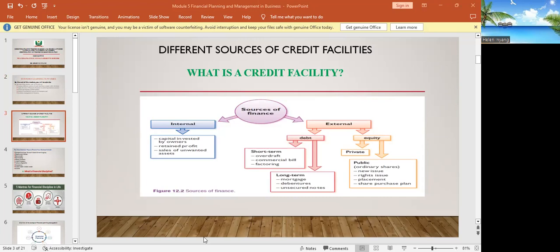A credit facility is a type of loan made in a business or corporate finance context. It allows the borrowing business to take out money over an extended period of time rather than reapplying for a loan each time it needs money.